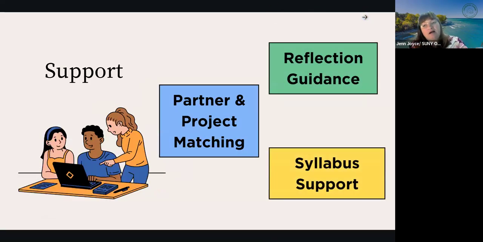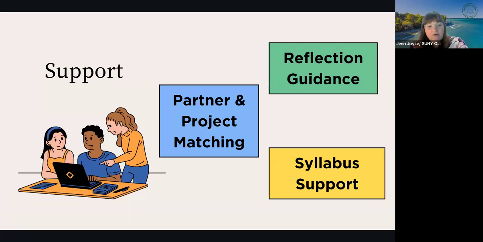So what type of support can our office and myself help with? The first one is partner and project matching. Our office is making a lot of connections with community partners within all aspects of our office. We have community service, we have internships, as well as projects already in place that are connecting with those community partners, so we can help with the matching aspect.